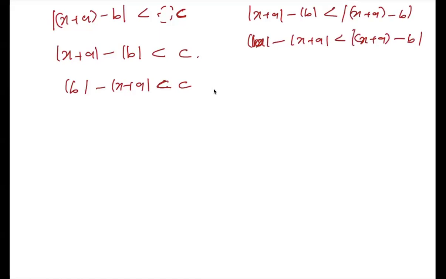So now, substitute to get the inequalities for |x plus A| from these two. From this one, |x plus A| is less than C plus |B|. If I put any positive value for C, because we cannot put a negative value there, since an absolute value cannot be less than a negative value, it is fine. This inequality is fine.